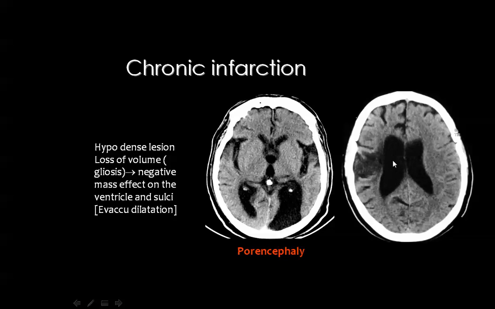Then sometimes the infarction and the ventricle become continuous with each other, and if this happens we call this porencephaly, or acquired porencephaly, or porencephalic cyst. The porencephalic cyst means that there is an area of dead brain tissue that has been totally liquefied and is now communicating with the ventricular lumen.